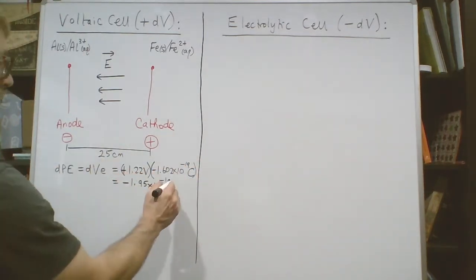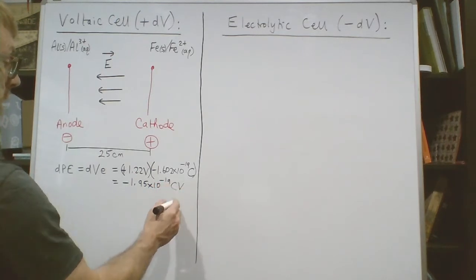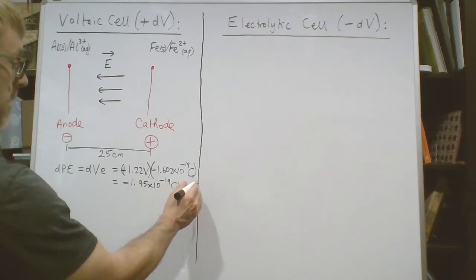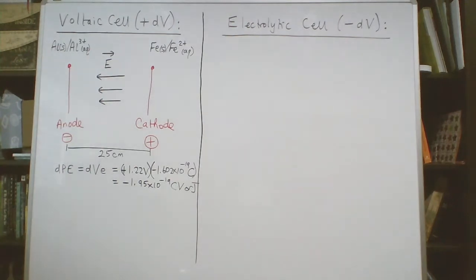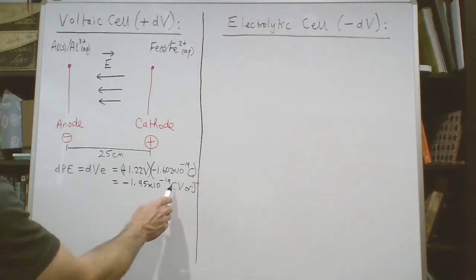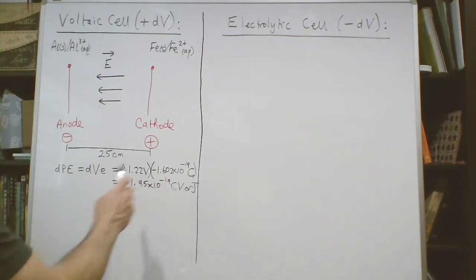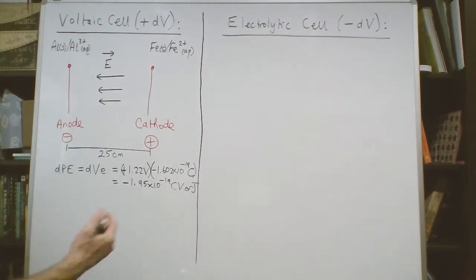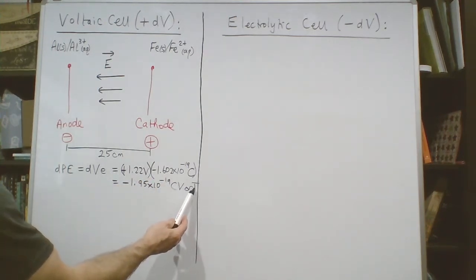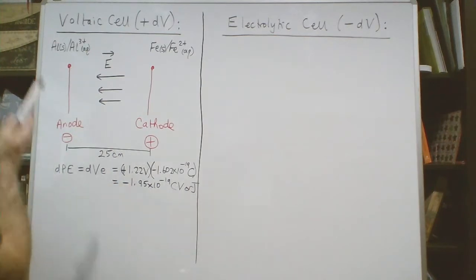So we get coulomb volts, and a coulomb volt is also known as a joule. So we can say negative so many coulomb volts or negative a small number of joules, which makes sense because you'd expect joule, the unit of energy, to be the unit of an energy change.